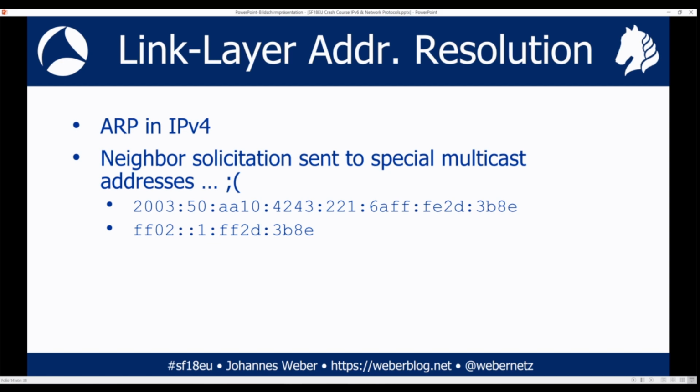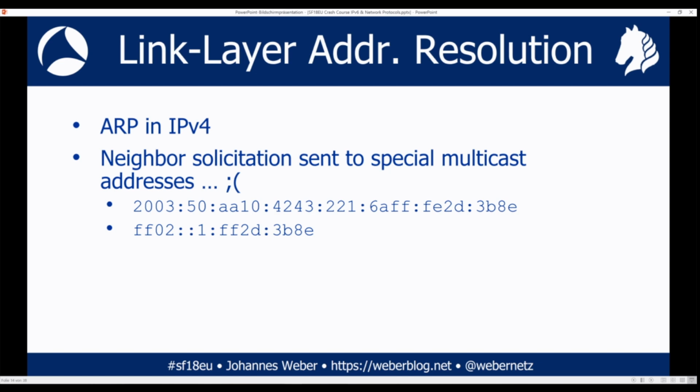So when you're looking for neighbor solicitations on your network, you can not only filter for this type, or if you filter it like this, then you have hundreds of different multicast destinations where these packets were sent. And this is fully correct, because for every IPv6 address, there's an almost unique multicast address.